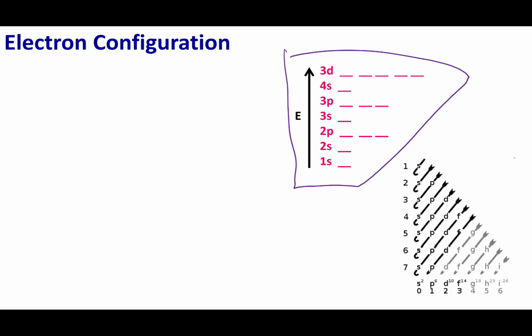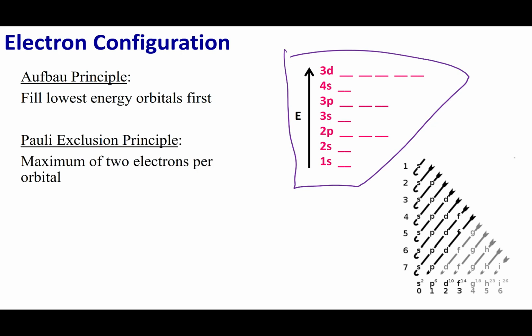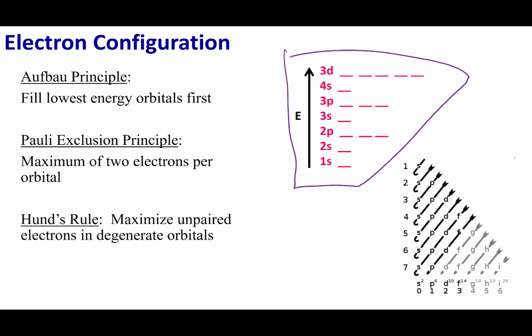So to summarize electronic configuration, first you are going to follow what's called the Aufbau principle. That means fill the lowest energy orbitals first. Remember that each orbital gets only 2 electrons because of Pauli's exclusion principle. And finally, Hund's rule tells you that if you have degenerate orbitals, meaning they're at the same energy, you are going to spread them out before pairing them up.